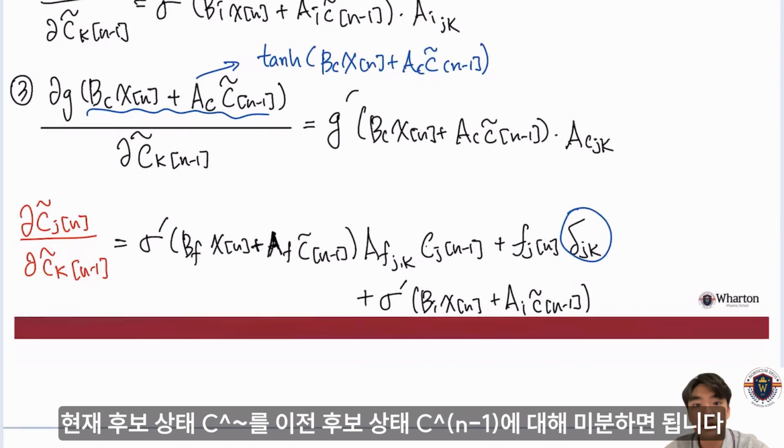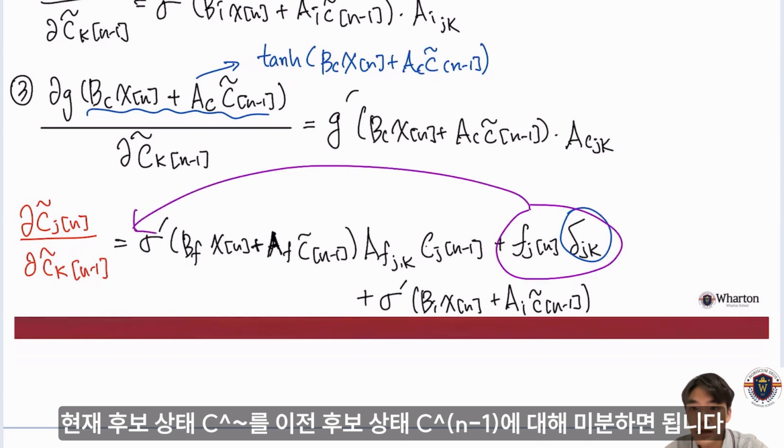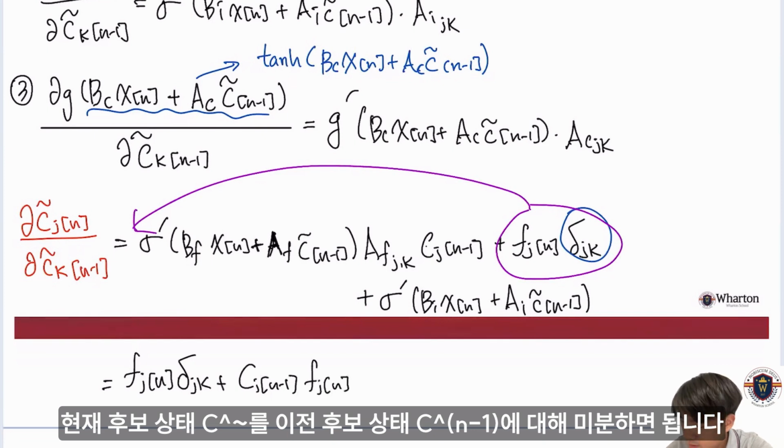And plus the derivative of the sigmoid function of Bi Xn plus Ai of the candidate state here. Now let's redefine this in terms of Jk and the Kronecker delta.